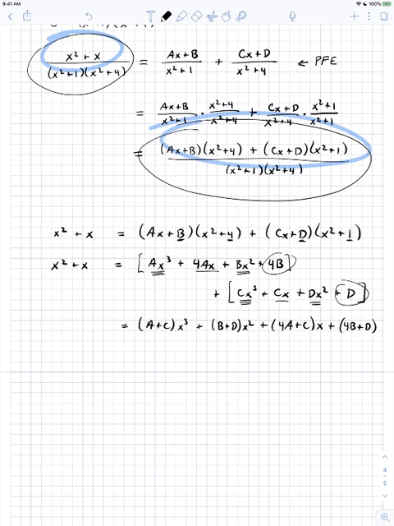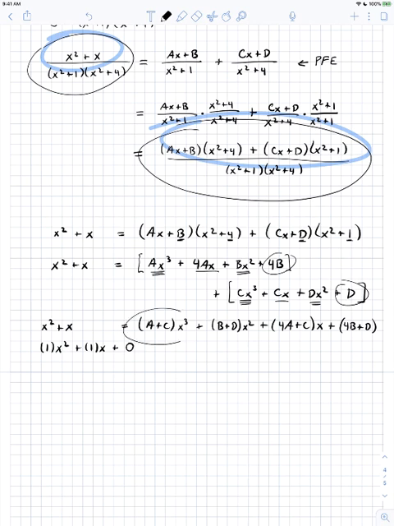On the left, we have x squared plus x. If you like, you can write a 1 in front of those: 1x squared plus 1x. Because we're equating the coefficients, it might help if you actually see what the coefficients are. Now what you might notice is that there is a constant term here, but there doesn't appear to be one on the left side, but there is, it's just 0. 0 is the constant.